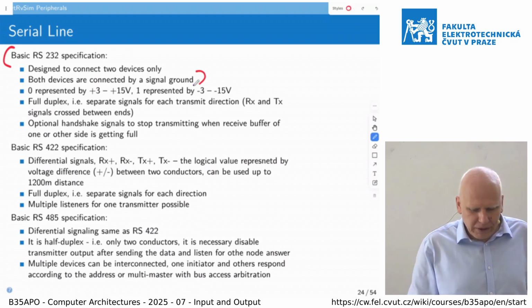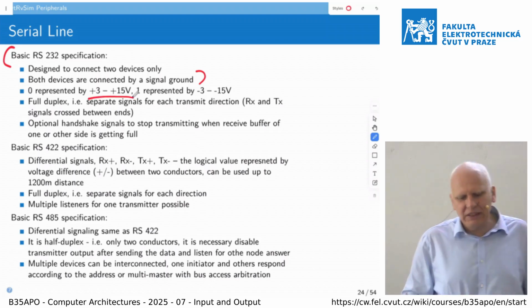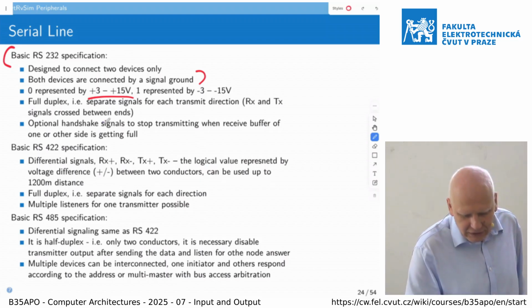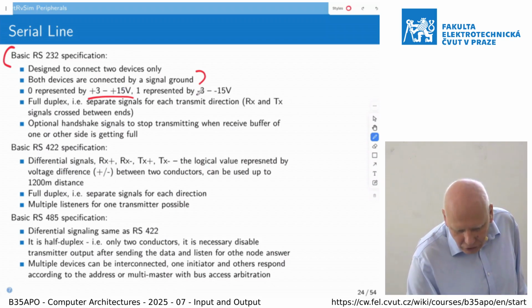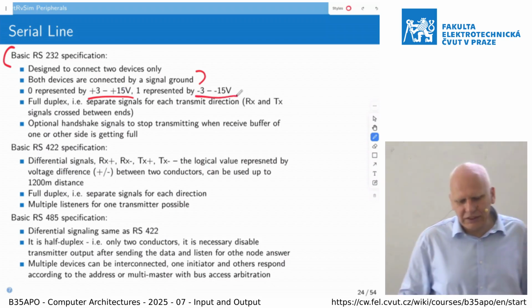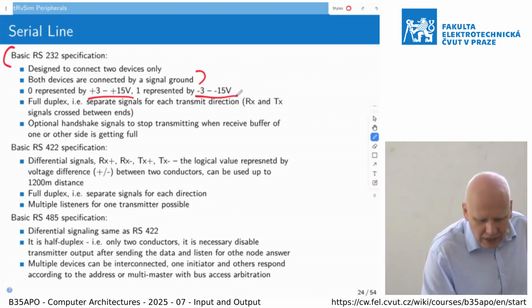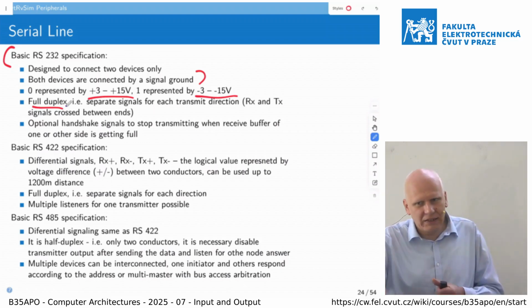or today two computers together. On the original levels, it used this signaling where 0 is represented from +3 to +15 volts, and a logical one by -3 to -15 volts on that communication link line. It is full duplex, so you can communicate in one direction and another.